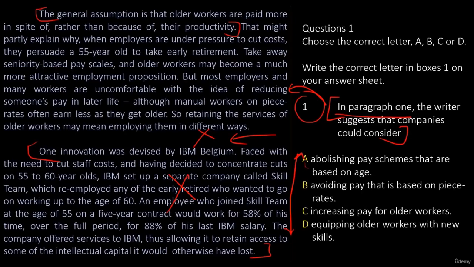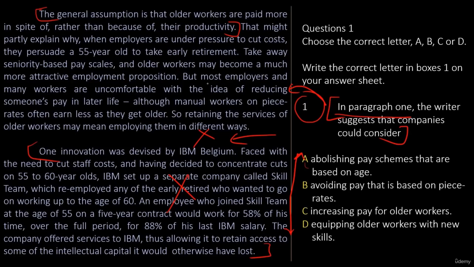Take away seniority-based pay scales, and older workers may become a much more attractive employment proposition. That means if you take out the seniority, that is their senior. That's why we have to do something for them as an ethical issue. Otherwise, kicking them out of the company is a good option, right?